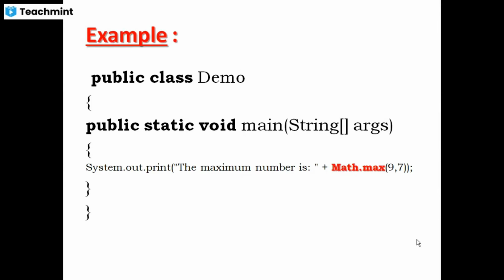So what will be the output? For 9, 7, 9 will be the output. Which number is the maximum between these two numbers? So 9 will be the output. We are not writing this method. This max method is already defined in our Java language. That's why we call it an inbuilt function.